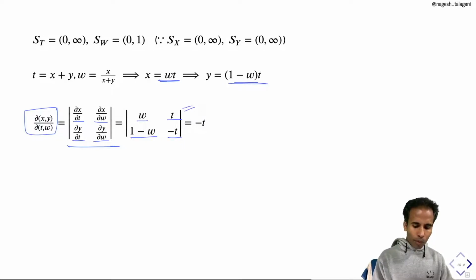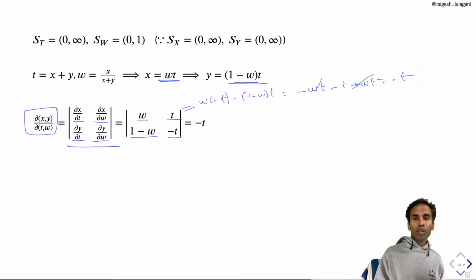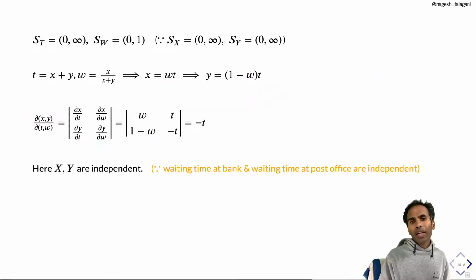If you compute the determinant of this 2 by 2 matrix, you will have w times minus t minus 1 minus w times t. This is going to be minus wt minus t plus wt. So these two cancel, you will have minus t. So the Jacobian of this transformation is minus t. Fine?